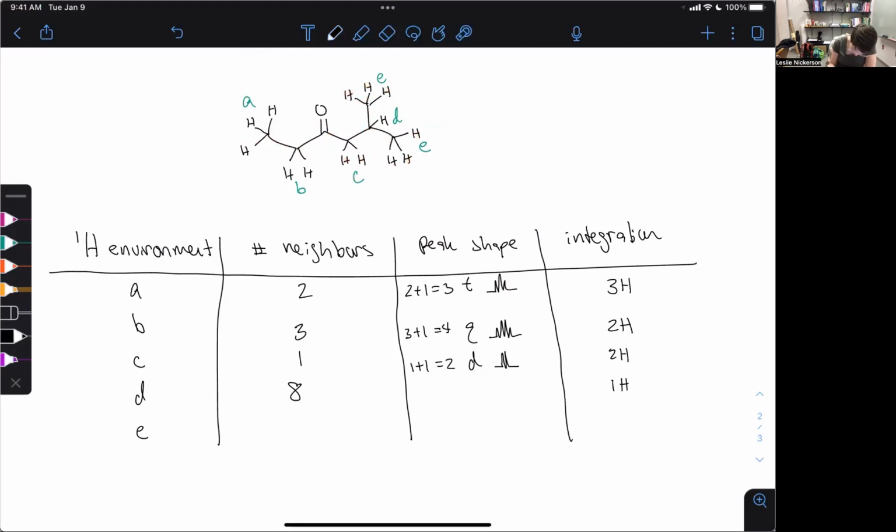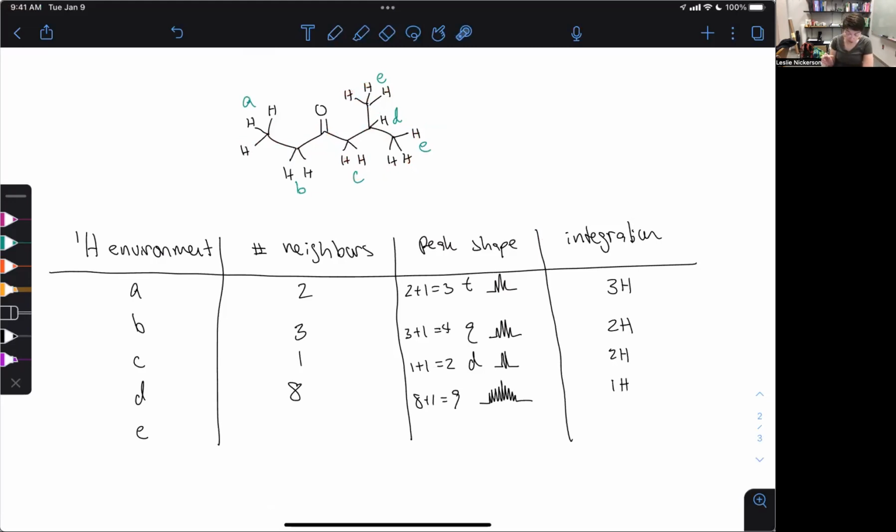So then 8 plus 1 equals 9. This is going to be a tough one for me to draw. I'm going to try to keep it all there. So that is a nonet, non as in 9. So I'm going to count out loud to 9 while I do this. 1, 2, 3, 4, 5. It's going to look something like that.